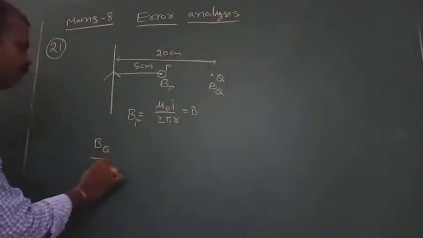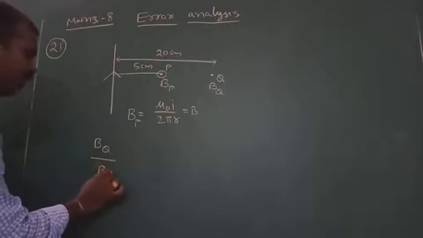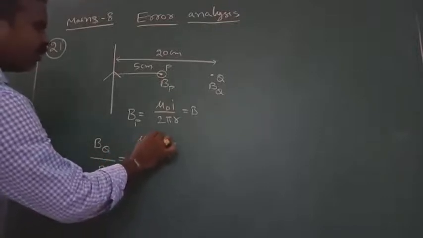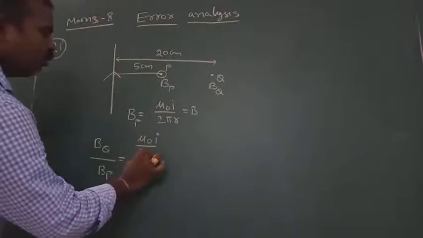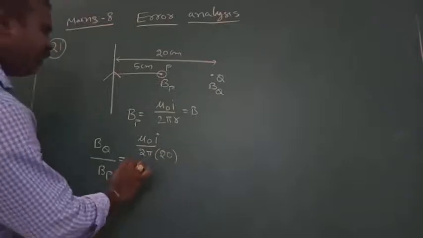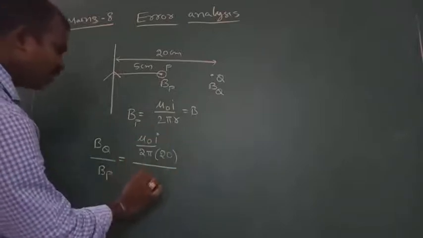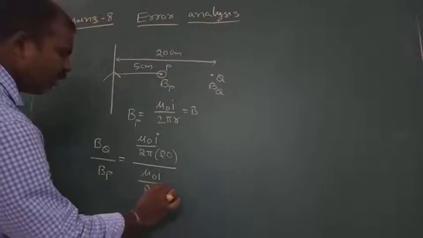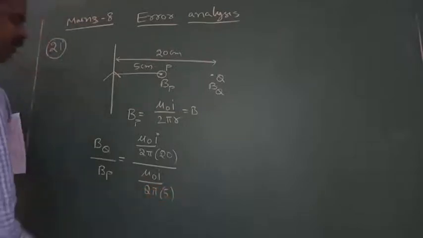Therefore, BQ by BP is equal to mu naught I by 2 pi r, where r is known: 20 centimeters. Then BP is mu naught I by 2 pi into 5 centimeters.